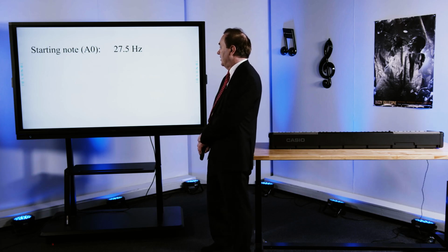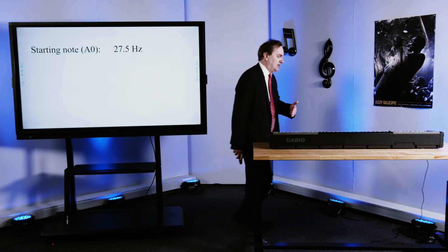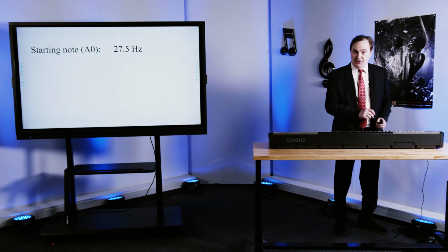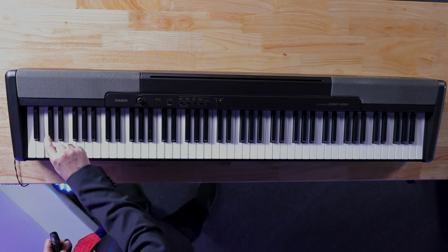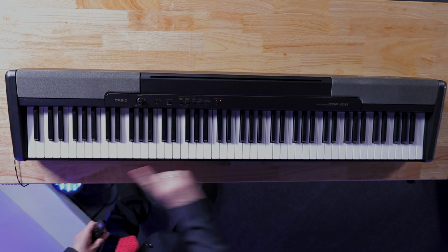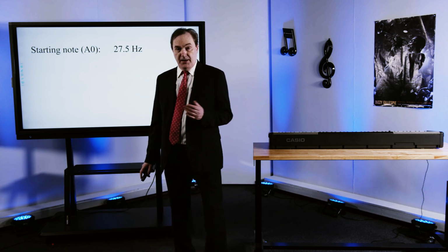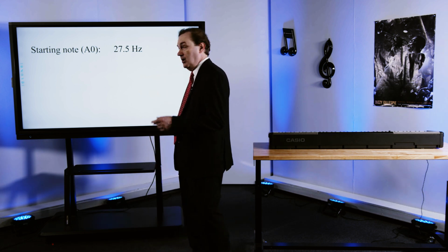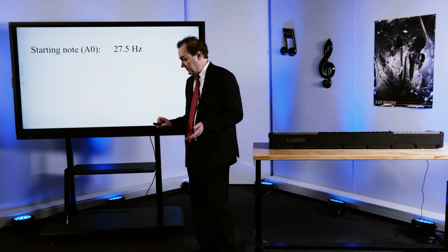Now, let's say we want to generate the frequencies of all the notes on the keyboard. This is what would be called a chromatic scale, by the way. And so on, all the way up to the top note. So our starting note, A0, the lowest note on the keyboard, we've already discussed has a frequency of 27.5 hertz.